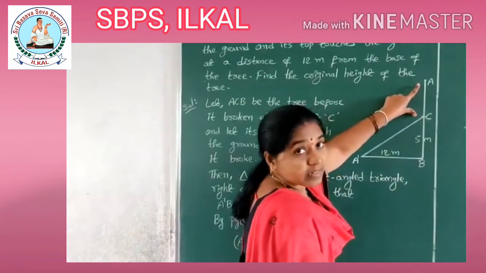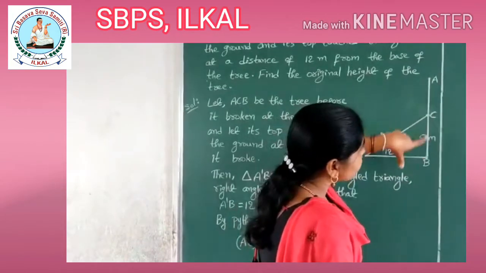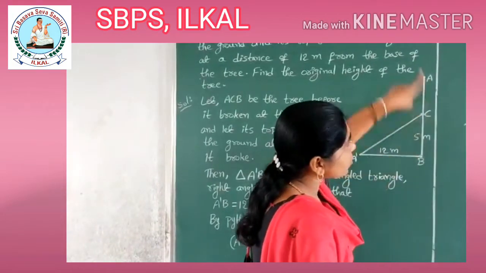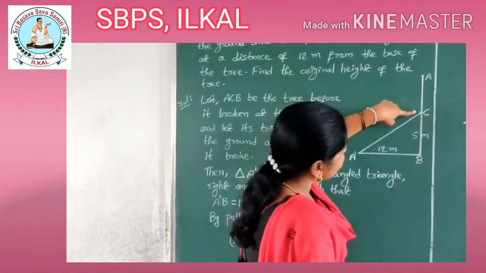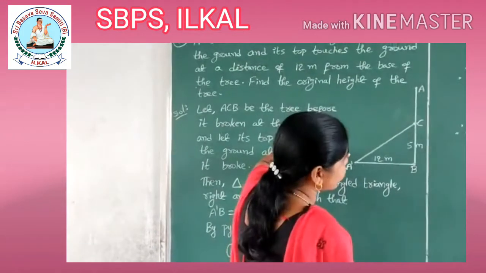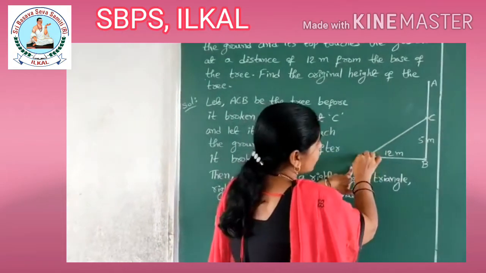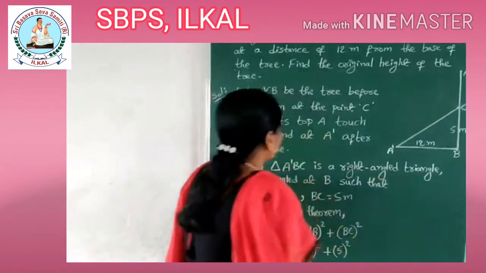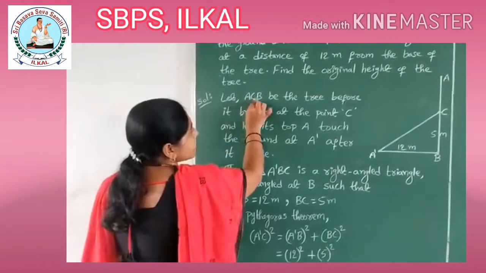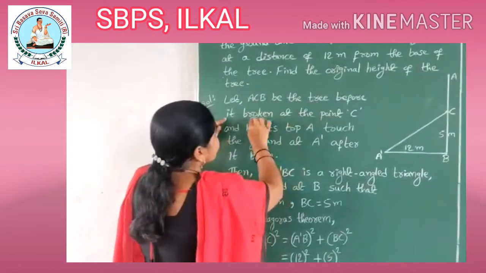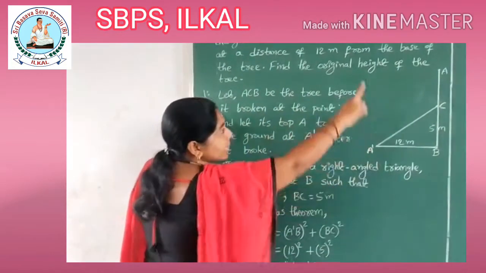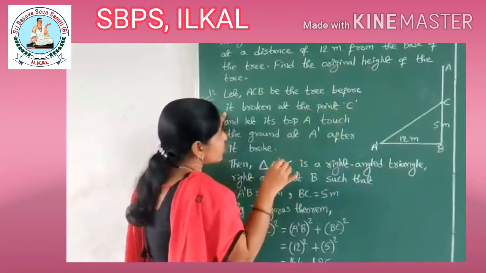The original height of the tree means 5 plus BC plus CA will be the original height of the tree, children. Then first we have to find this CA dash. If I consider this A only, you may get confused, so I take A dash. Let ACB be the tree before it is broken at the point C. ACB is the tree, children, before it has broken.